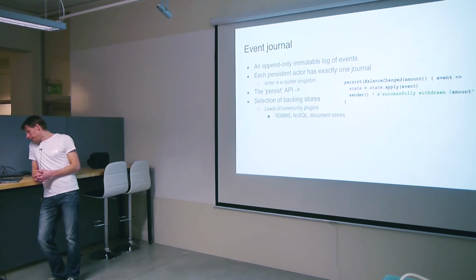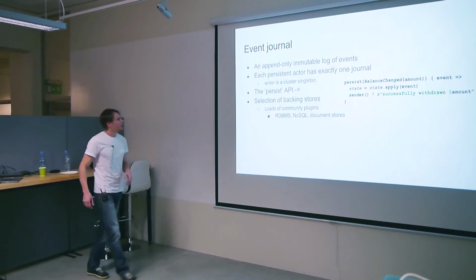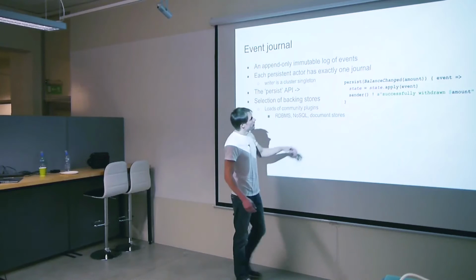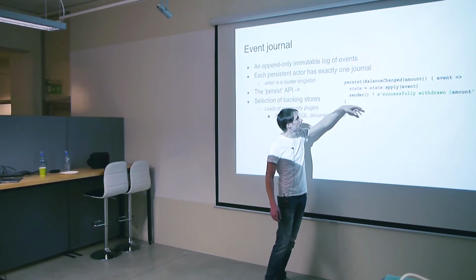The persist API is probably the mainstay of the framework. It basically is all there is to this API. I'll walk you through it. You need to actually read it.